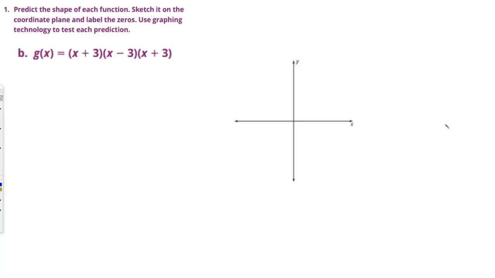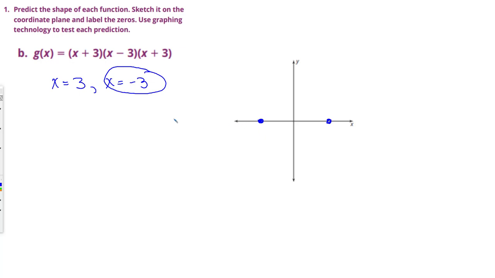So, look at this next one. Where will our zeros be? Do I have any duplicates? We have 2 of these, right?